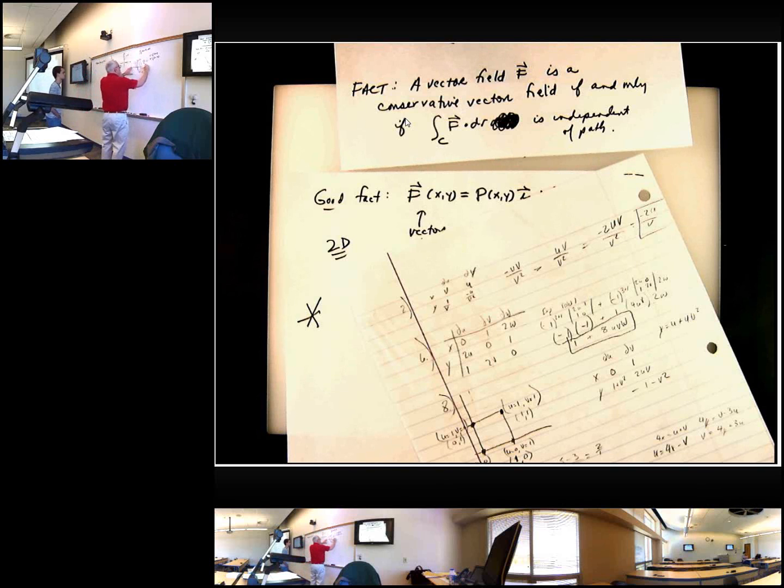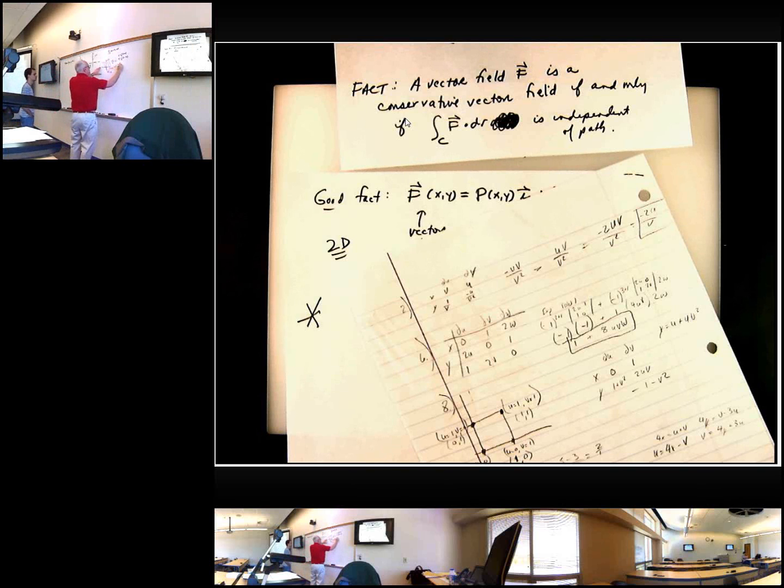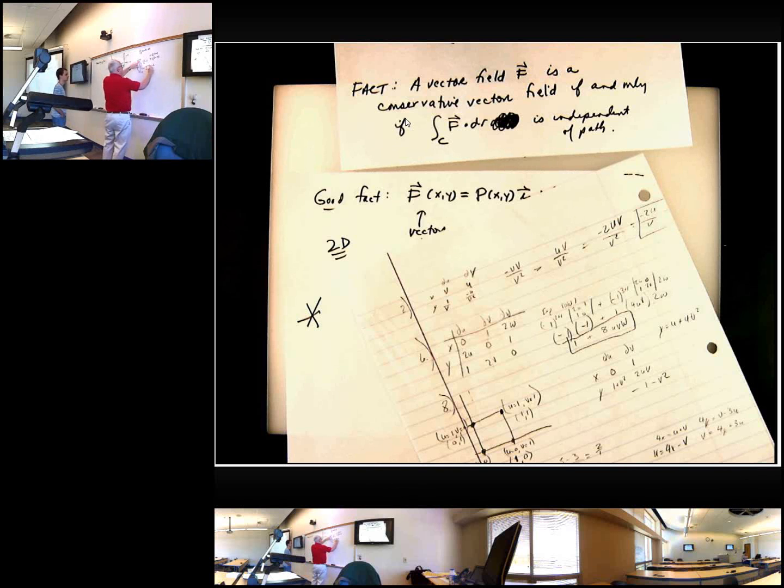So y is equal to minus 3x plus b. Let's plug in this point: 5 equals minus 3 times 1 plus b. It looks like b is equal to 8.